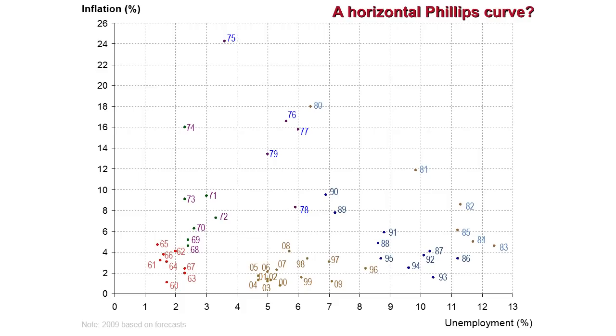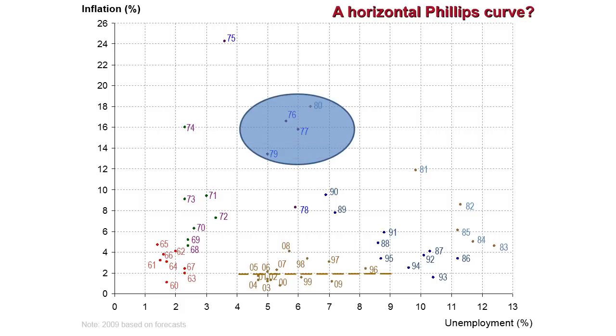Let's look at the data, the observations, outcomes from inflation and unemployment for the year in the UK. You see during the 60s that one could claim that there was a downward sloping relationship between inflation and unemployment.